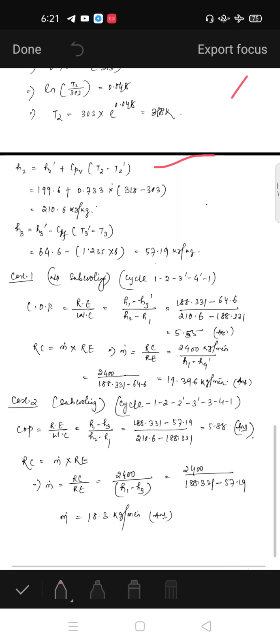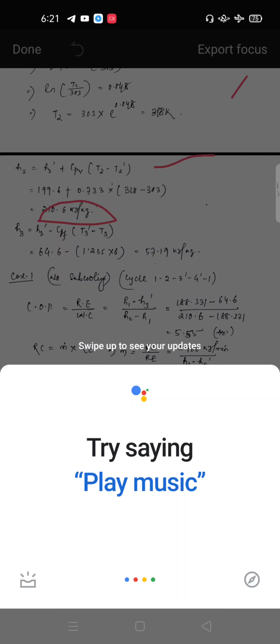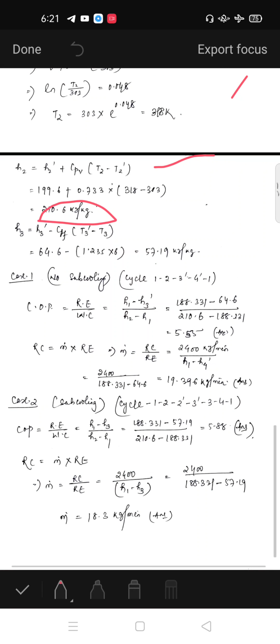Just see the table, and it is 199.6, and you know all the data, so you can find the value of H2. H2 will be 210.6. Okay, next.